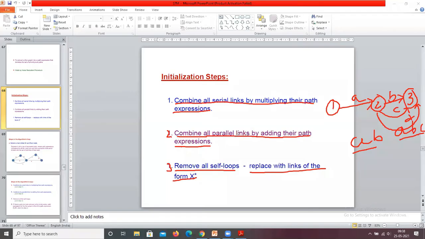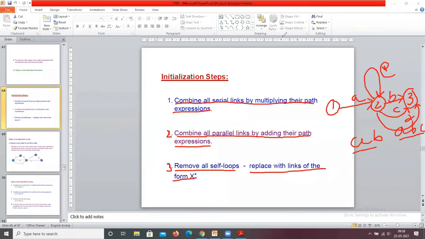In previous class, we saw how we can manage the parallel links. Next, remove all self loops and replace with links of the form x asterisk. A self loop is like this, for example, D E. So these are the initialization steps.